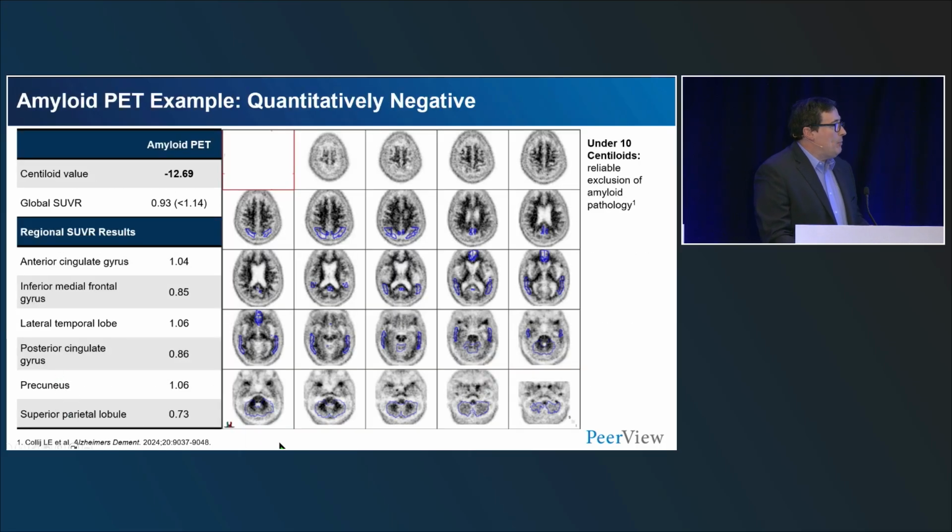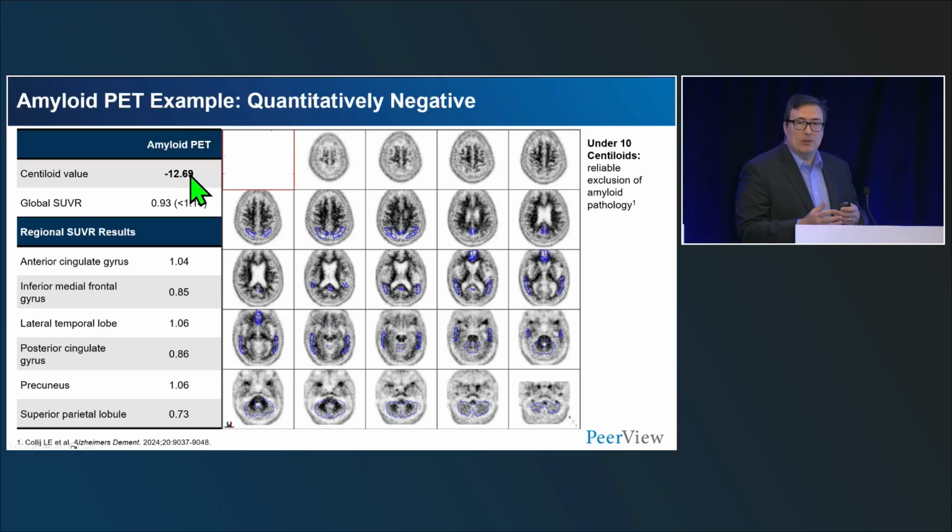So here's an example of a quantitatively negative scan. Just visually, you see nice gray-white differentiation like Phil talked about. These blue ROIs are various brain regions, and this is using a commercial software viewer. If you have different methods, you may have different readouts and different ROIs. So the centiloid value is less than 0. That's okay.